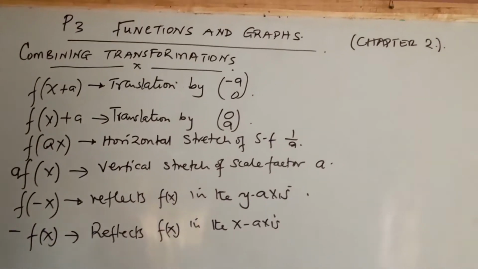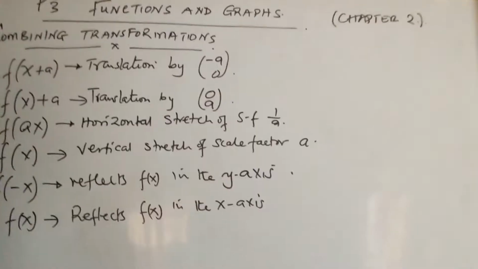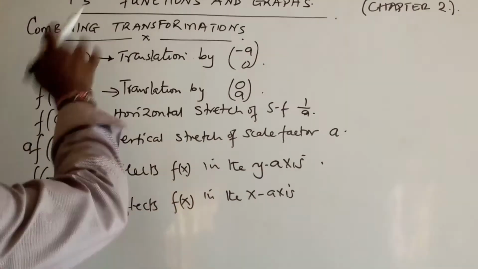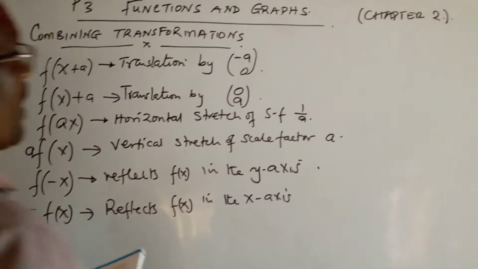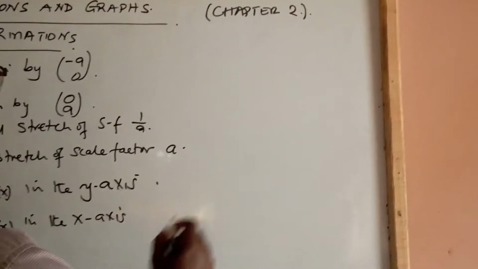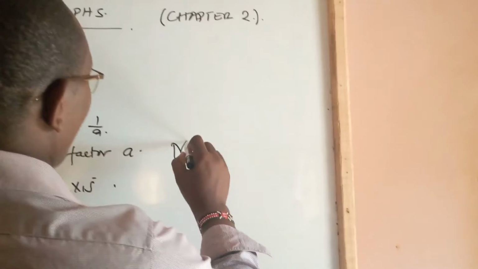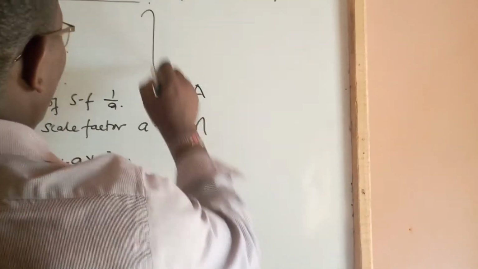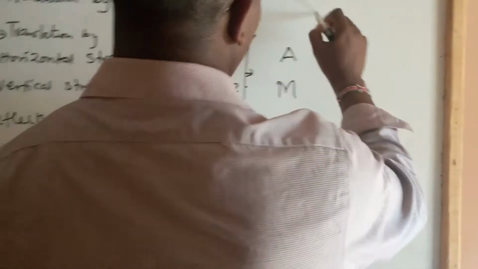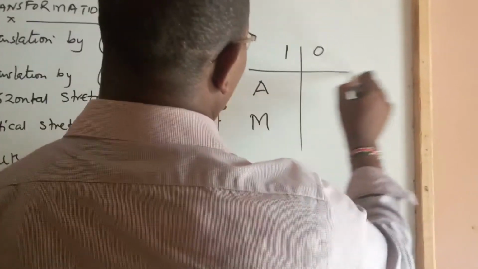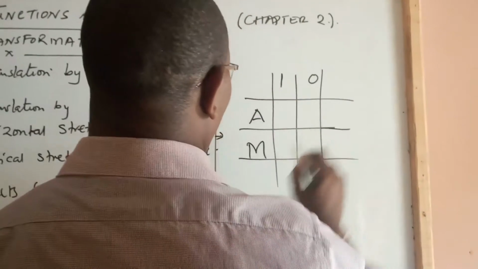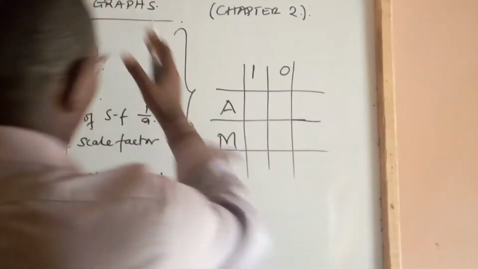Having said that, we have generally come up with our own way before of understanding all these. All these can be summarized in just this small table that we have called Mayo. Mayo is our own way of understanding all these transformations.